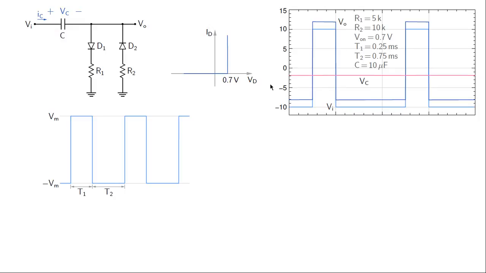About the capacitor voltage, we said that we expect Vc to be approximately constant, and that is observed over here. And what is that value? This is 0 volts, this is minus 5, so Vc is about minus 2 volts. Now to proceed further, let us look at Vc in an expanded form.